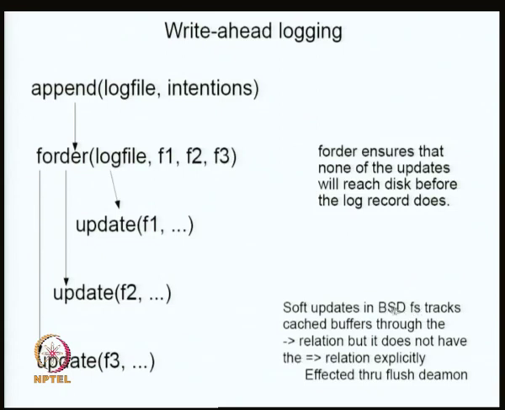In this particular file system, all the cache buffers are tracked through a dependency relation in the kernel. The kernel actually tracks all these things through the buffer cache mechanism, and any time you flush any of the buffers, you make sure that it's always a consistent cut of the relationship.